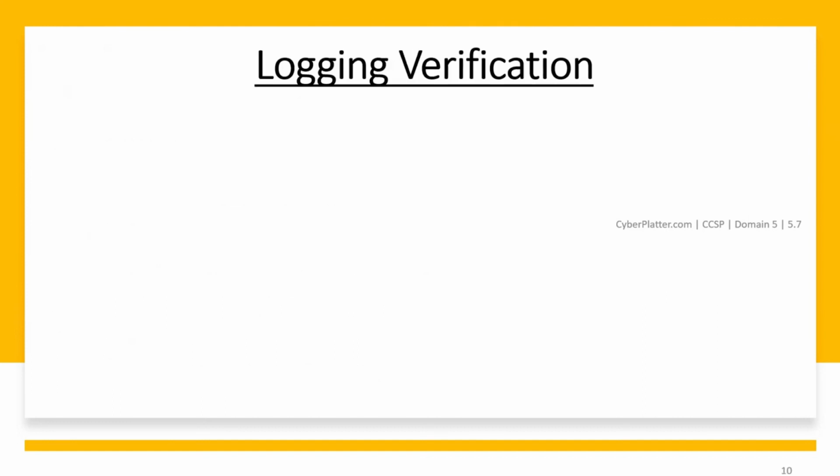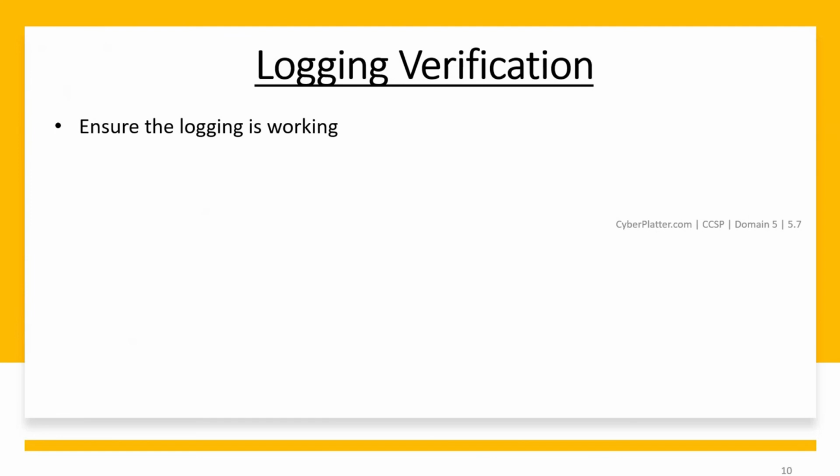The next topic is logging verification. As with most security mechanisms, logging architectures must be tested to verify that they function as intended. Again, OWASP provides a set of guidelines for verification. Let's see what those are. Ensure the logging is working correctly and as specified.